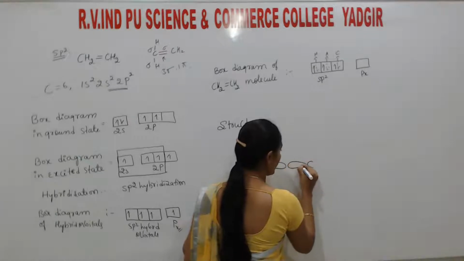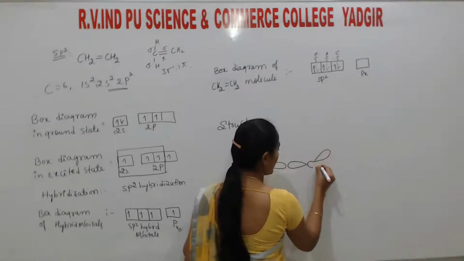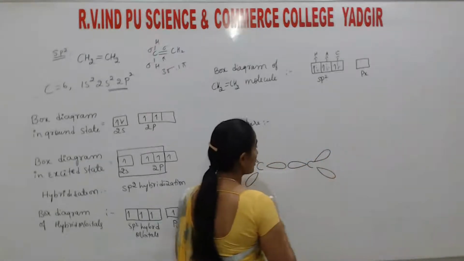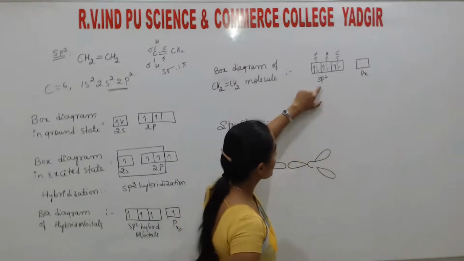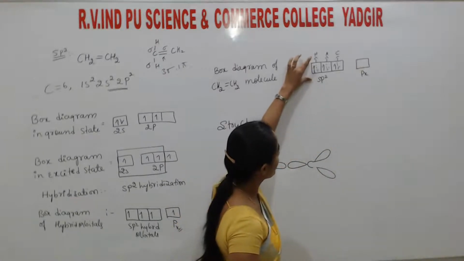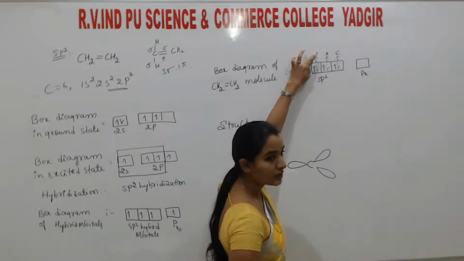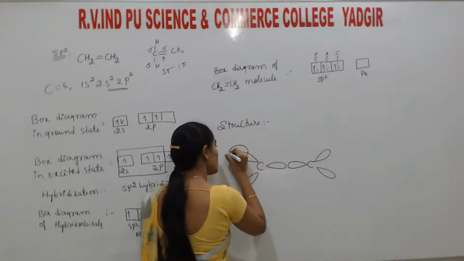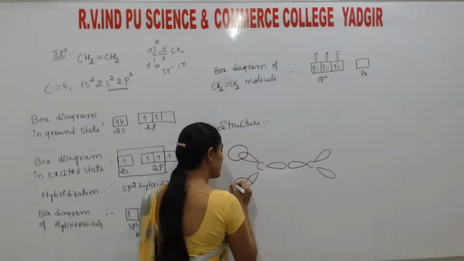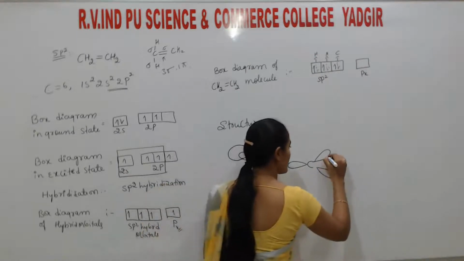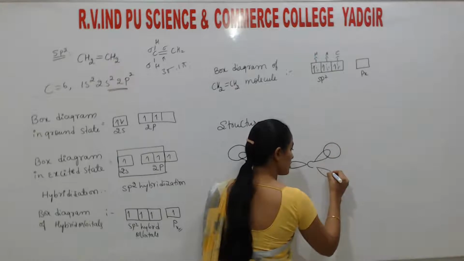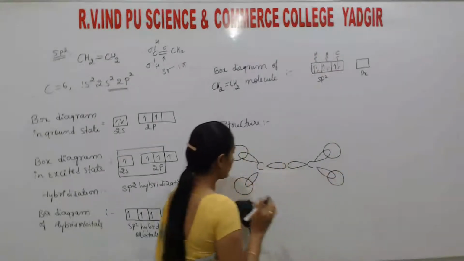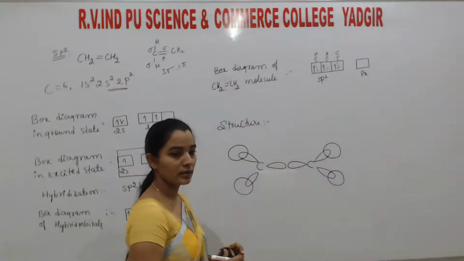So I'll simply write the orbitals first, later I'll write the hybridization. So students, here I told you, in sp2 hybridization, the one carbon atom forms 2 sigma bonds with hydrogen. Means this is with hydrogen, this is with hydrogen. This is also with hydrogen, this is also with hydrogen. So 4 sigma bonds are done.